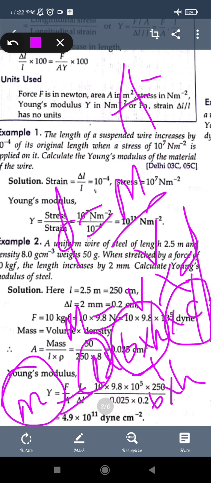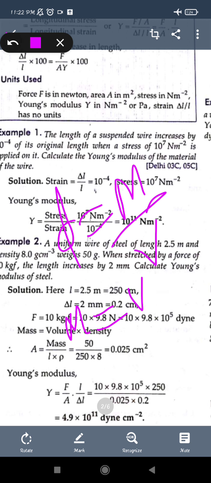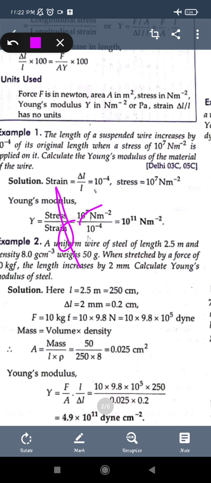So now we can put the values over here. That is, area equals mass upon length into density.